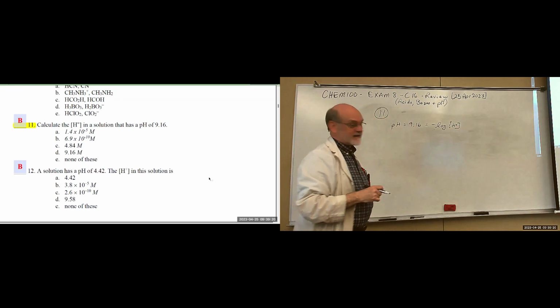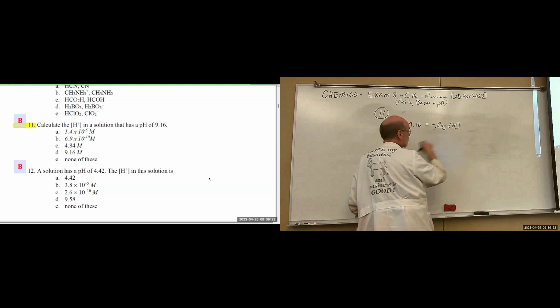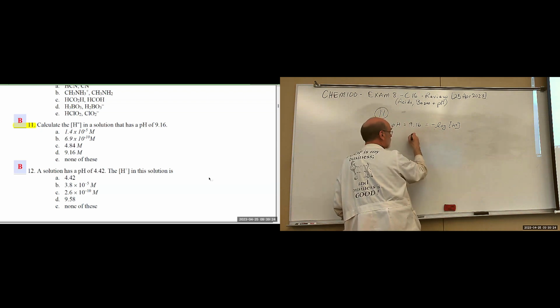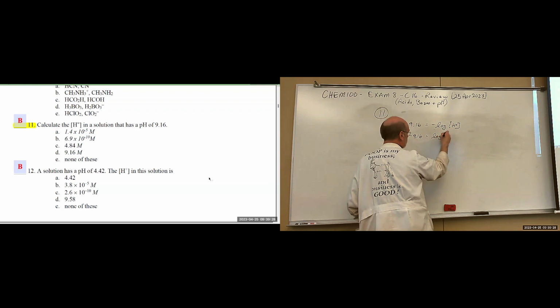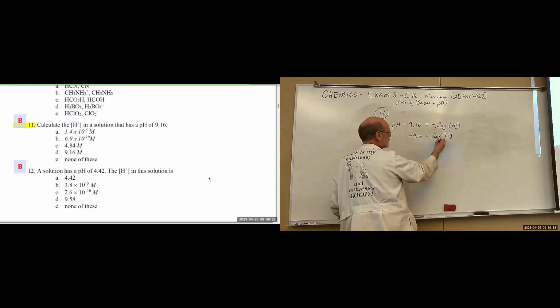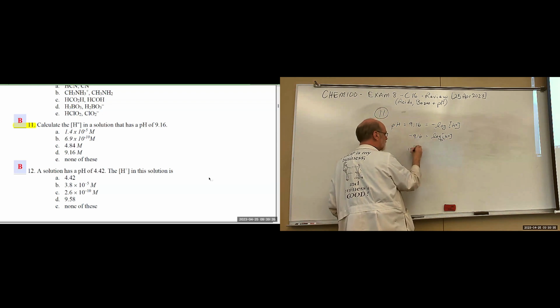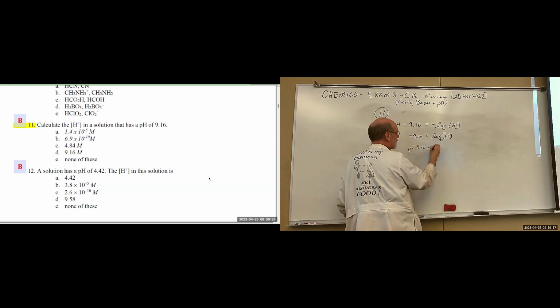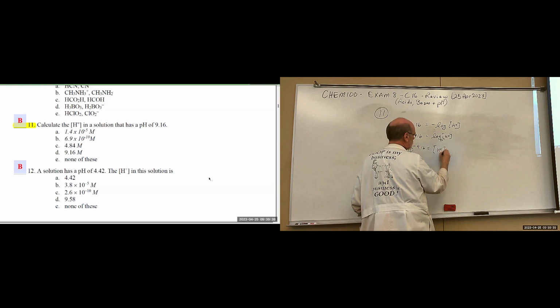Okay, we want to know the hydrogen ion concentration. We need to put the negative over here. And then anti-log. So this is base 10. That means this is 10 to the minus 9.16 equals the hydrogen ion concentration.